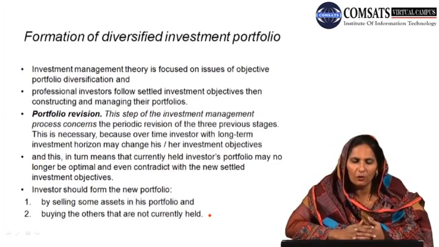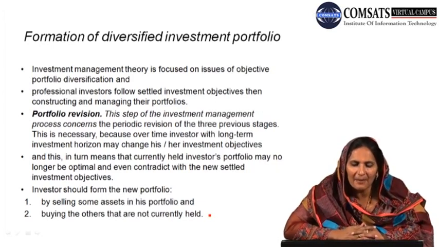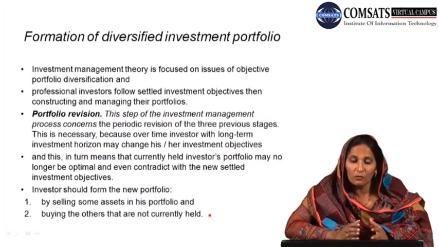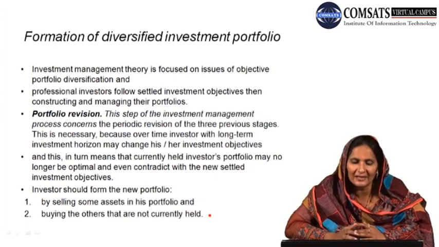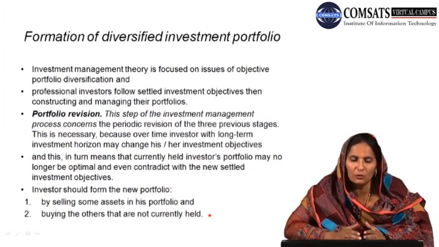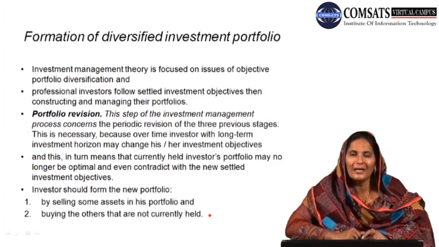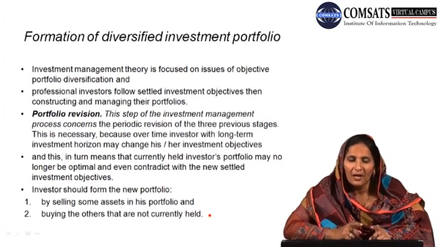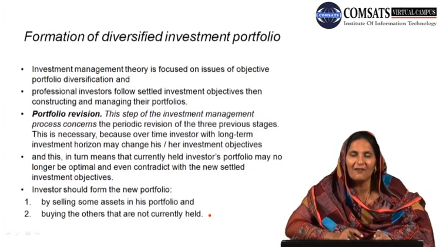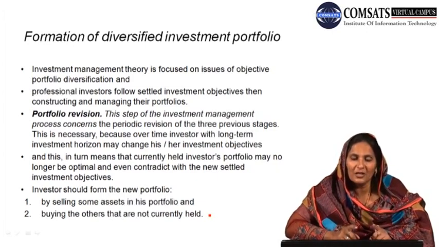और वो जब नया portfolio बनाता है तो by selling some assets in his portfolio, वो कुछ assets अपने portfolio से sell कर देता है और कुछ new assets जो होते हैं वो उनको buy कर लेता है that are not currently present in his portfolio. So how can he formulate, through this portfolio revision stage of portfolio formation, the revisions or the new portfolio?